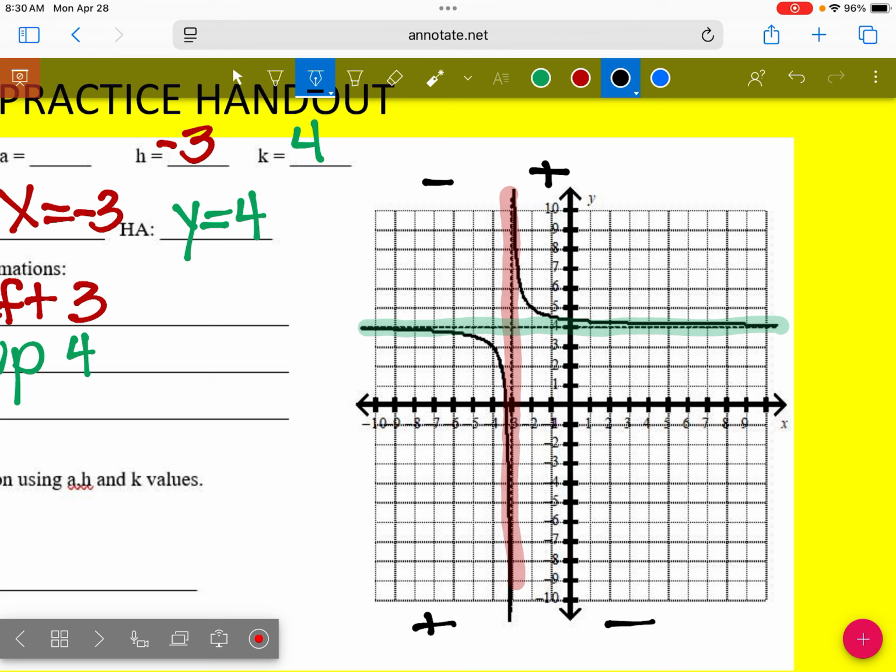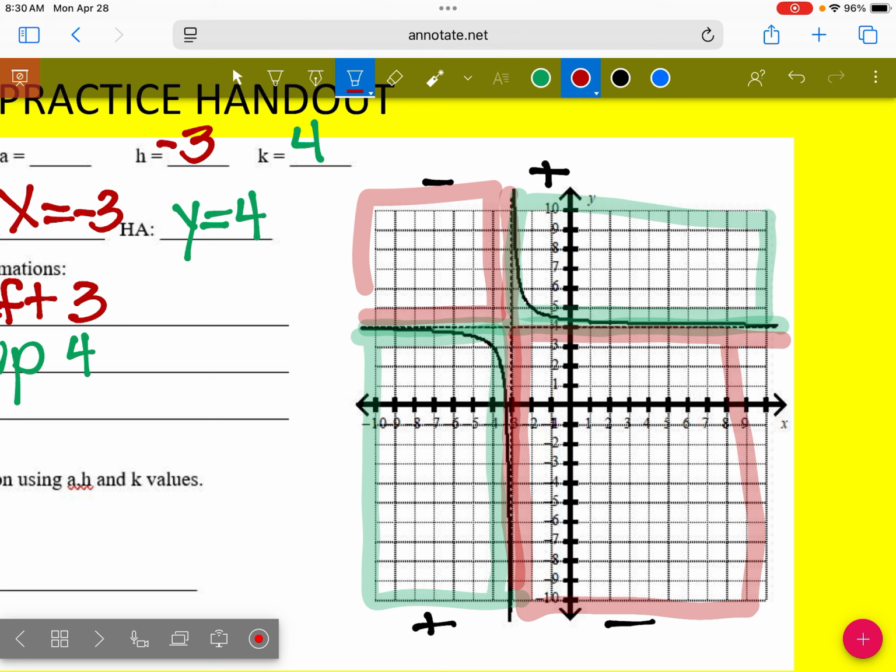All right, so let's go ahead and I'm going to trace this. So remember, positive would be here, and then the negative would be here. And let me trace the graph. I'm going to trace it in blue.